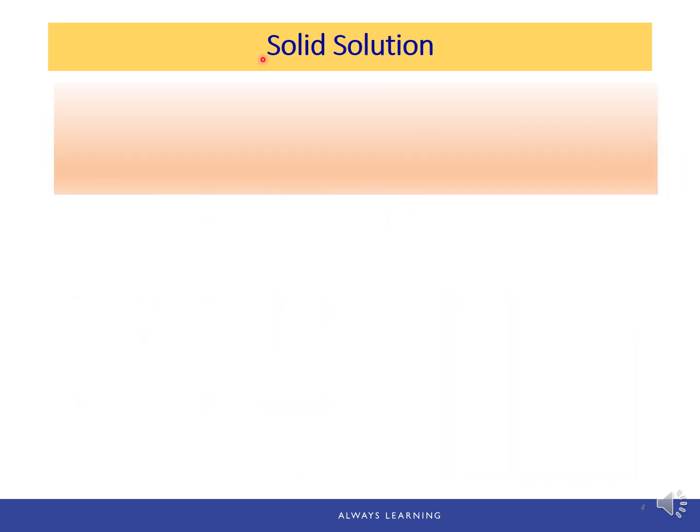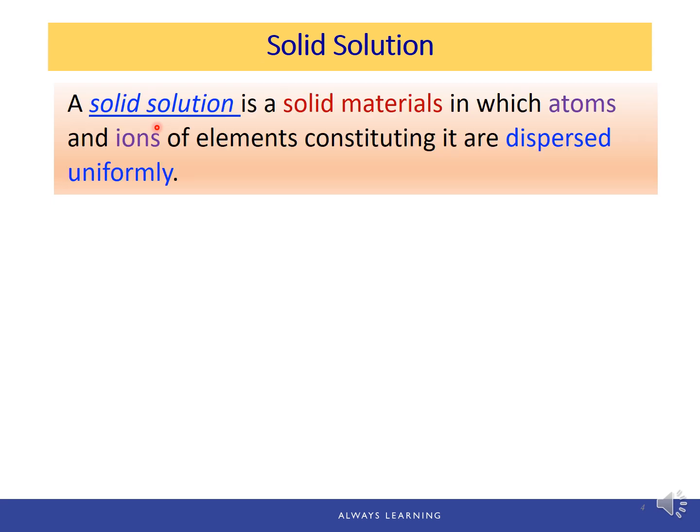Since the major objective of this chapter is to explore the formation of solid solutions by introducing the concept of phase diagrams, let's review what a solid solution is. We learned solid solution in chapter 4. A solid solution, if you can recall, is a solid material in which atoms and ions of the elements constituting it are dispersed uniformly.